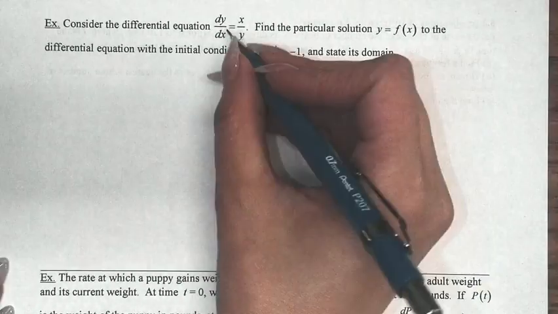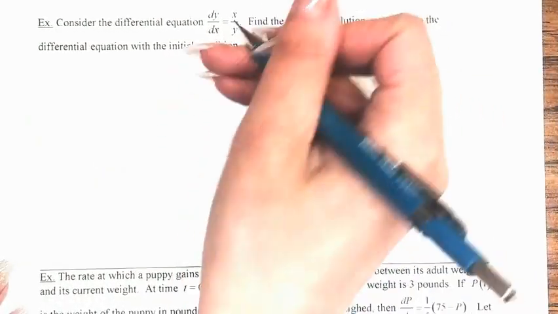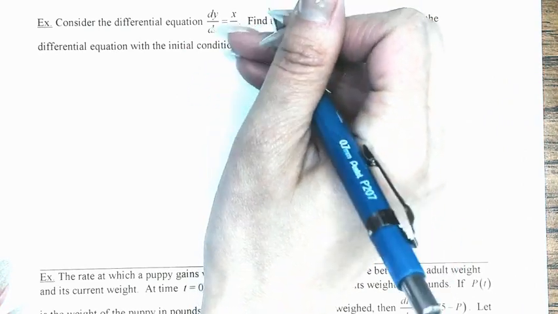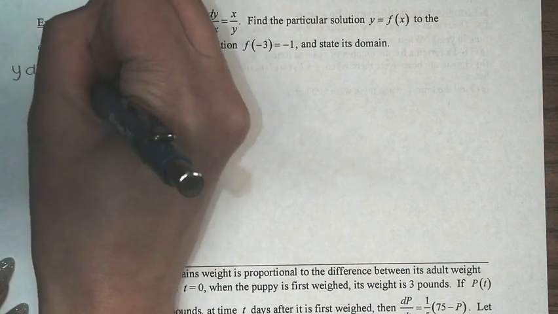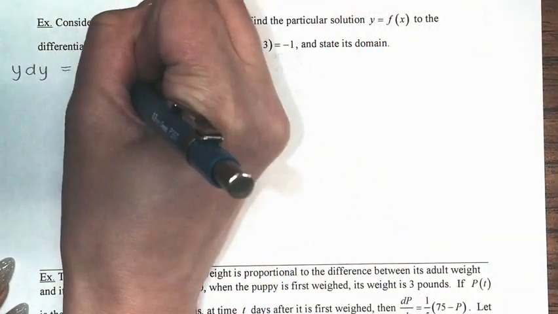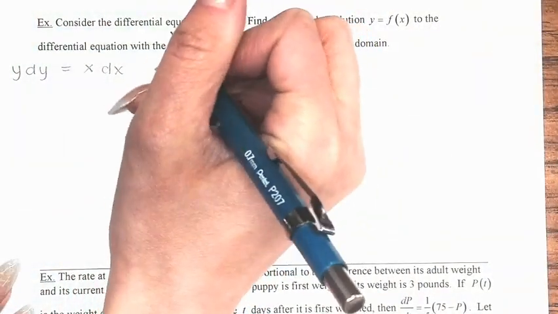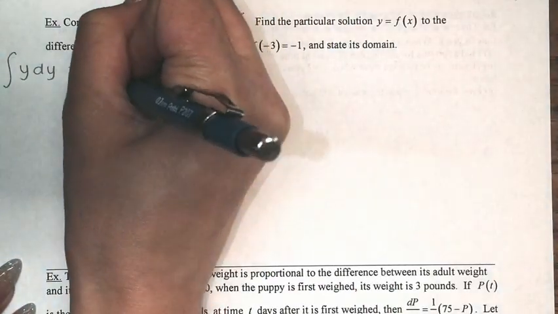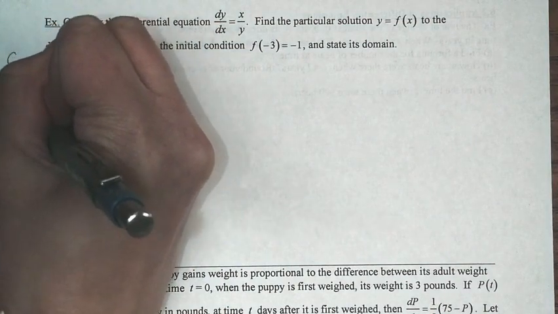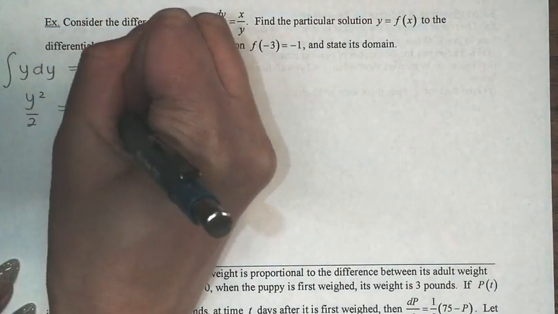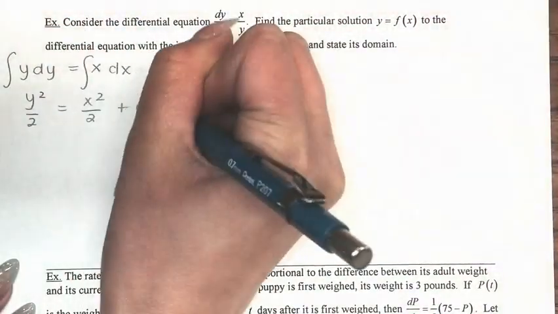Okay, so the first thing that you're going to do, obviously, is the actual separation of variables, which takes you to y dy is going to be equal to x dx. You see this equation and you can easily integrate both sides. Therefore, you have y squared divided by 2 is equal to x squared divided by 2 plus c.